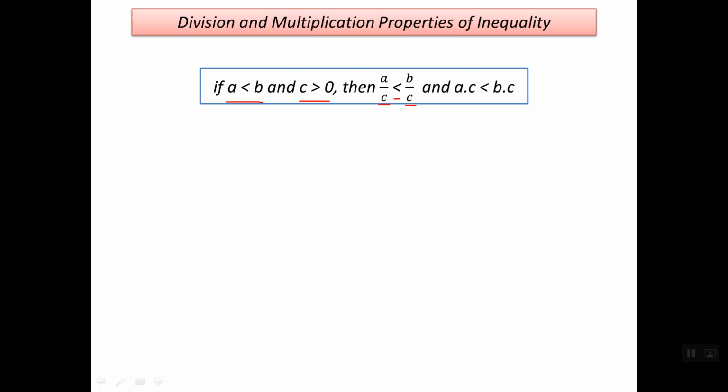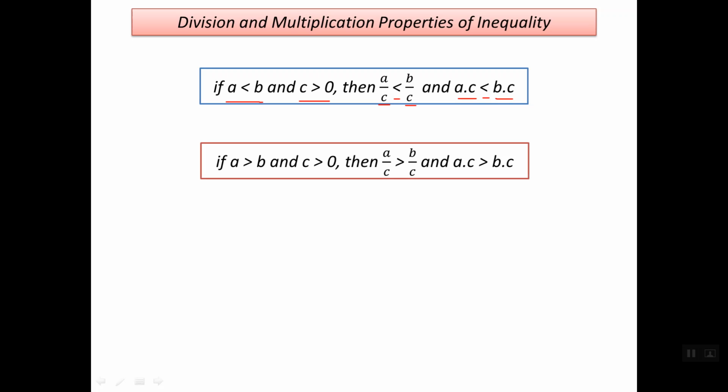See that the inequality sign stays the same. And regarding multiplication, if we multiply the left side by C, the right side should also be multiplied by the same value, C, and the inequality sign stays the same.